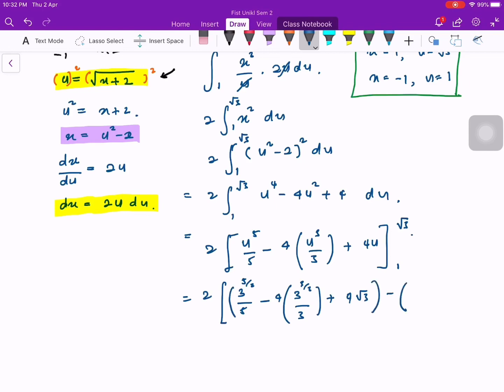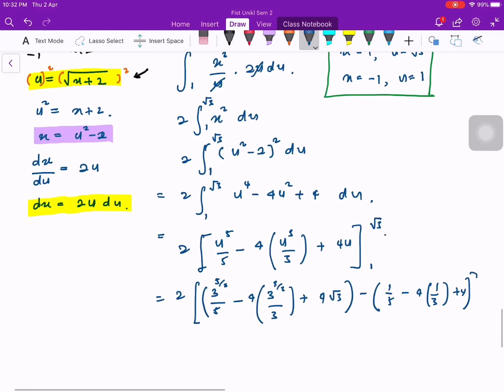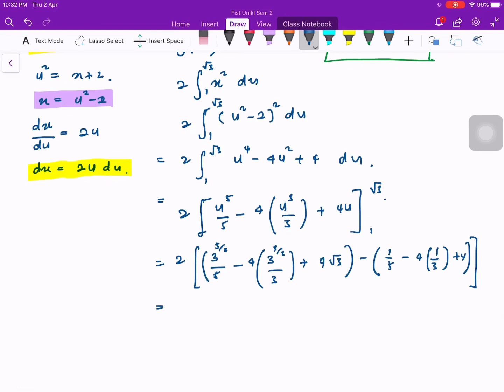Okay, minus with now 1 we have 1 over 5 minus with 4 times with 1 over 3 plus with 4. Okay, so this dengan menggunakan calculator again. So kita pakai calculator, kita kira. So kita akan dapat nilai dia lebih kurang 0.502 up to 3 decimal points.